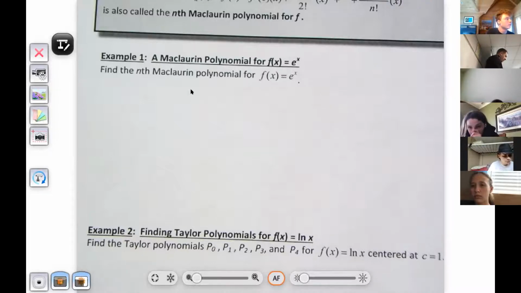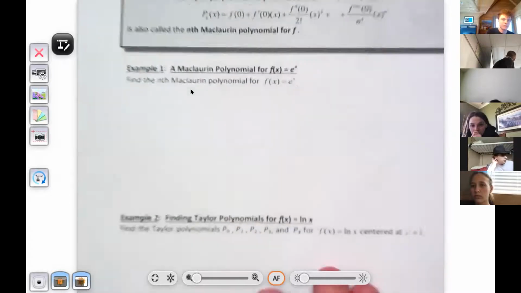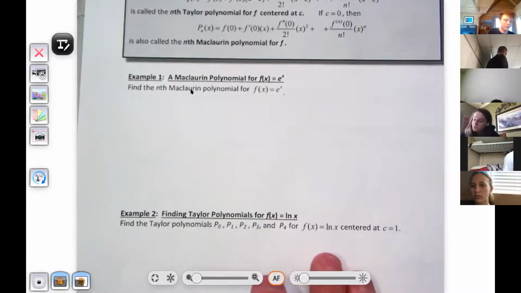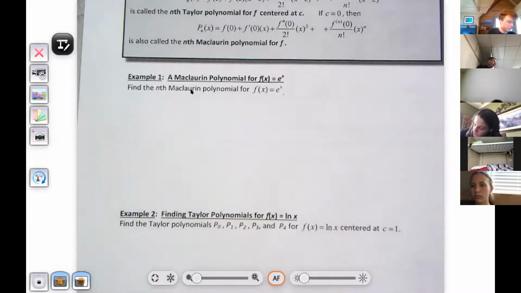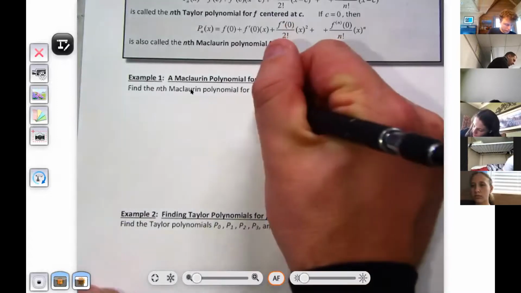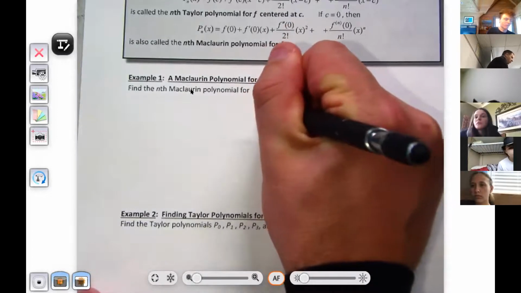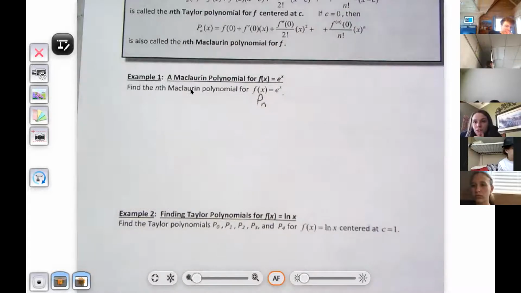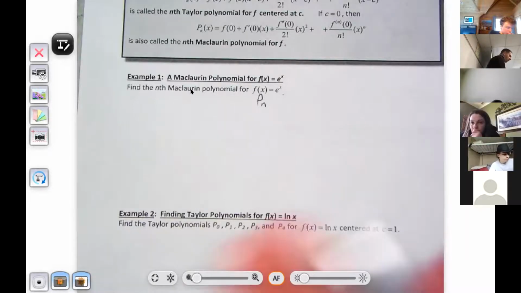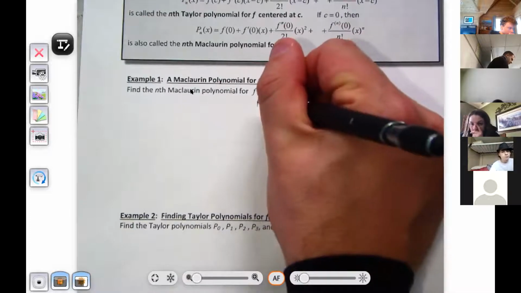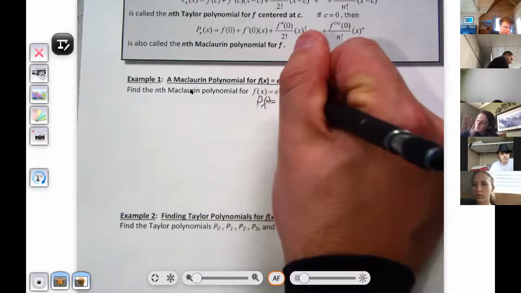So what we need to do is this. The first thing I want to write is that formula. Anytime you learn a new formula, I would write it out. The nth Maclaurin polynomial, we're going to notate as p sub whatever. If we were looking for the third degree polynomial, we would write p sub 3. So the nth degree Maclaurin polynomial in general is going to be f of 0.